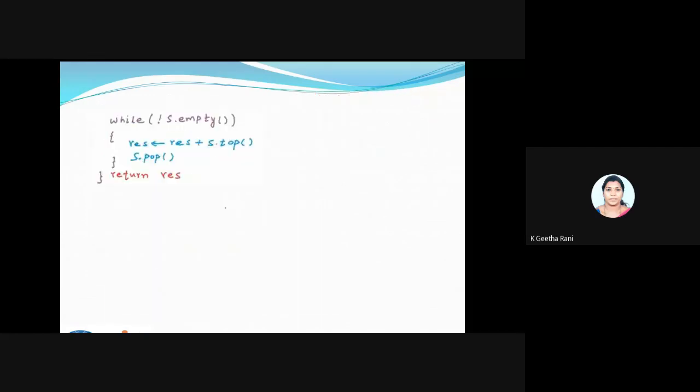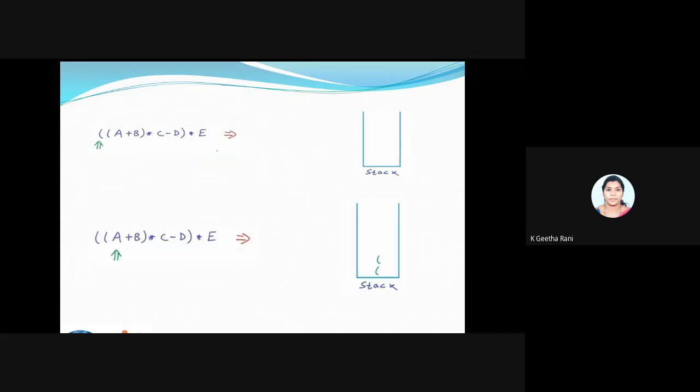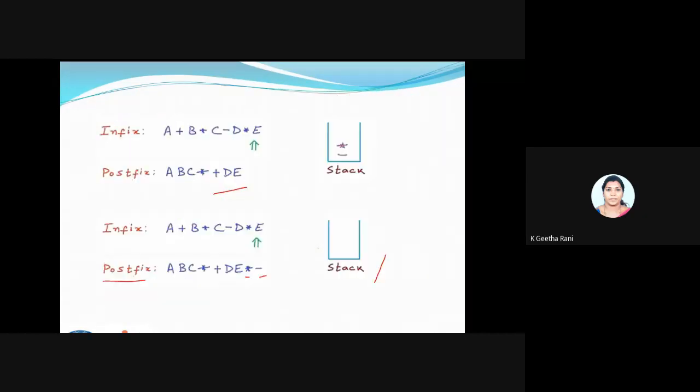And the last one: while my stack is not empty. What is the meaning of this? You can see in your previous example, at the end I'll be getting star and minus, because your traversing comes to the end, but still I'm having operators in my stack.